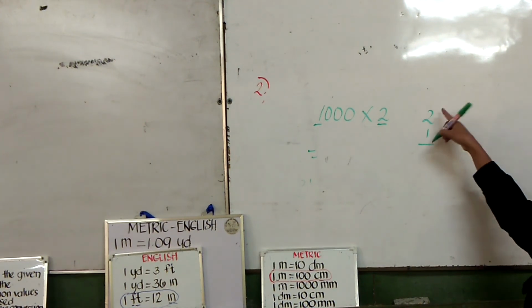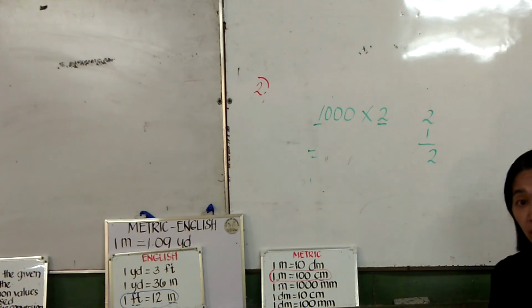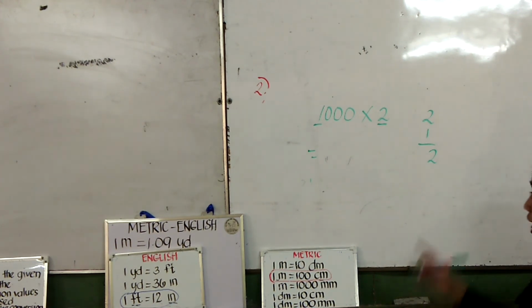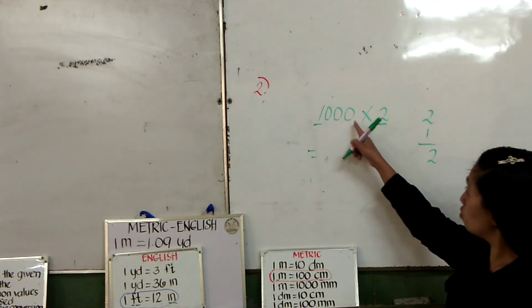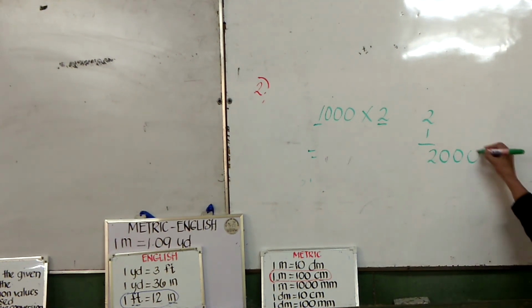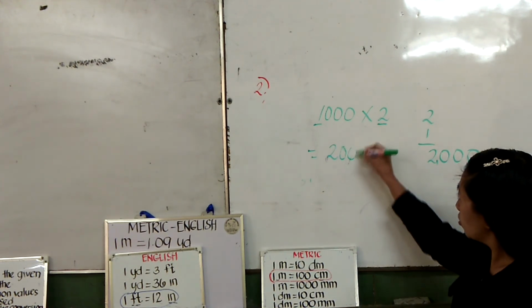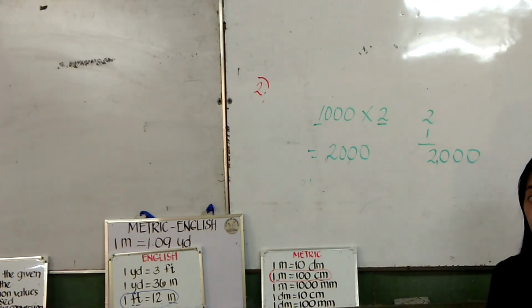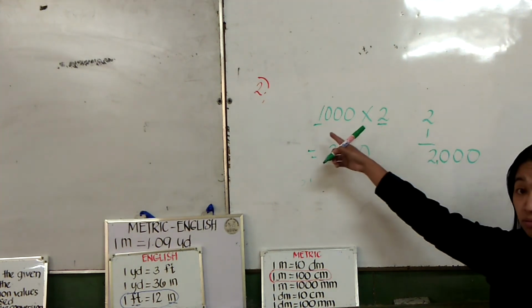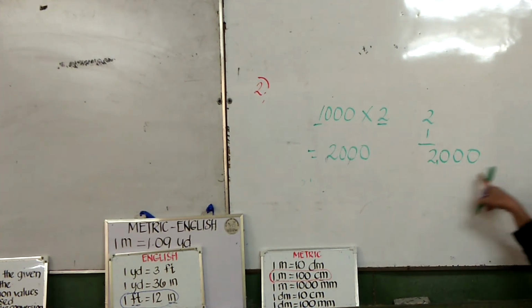So 1 times 2, that is 2. And then, if you remember, I said you just count the zeros and add. Okay, so how many zeros? 1, 2, 3. You just add 1, 2, 3. So the answer is 2,000. Okay, let's multiply the whole numbers, 1,000 by 2, if we will get the same answer here.